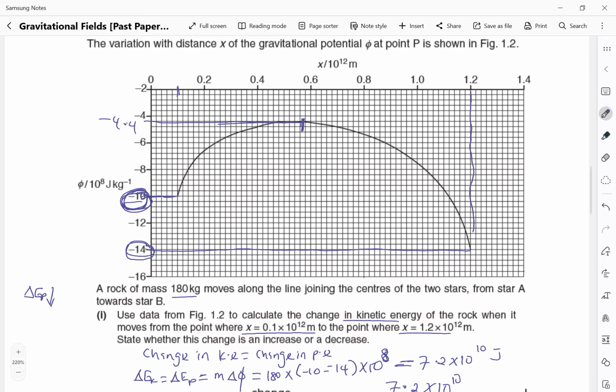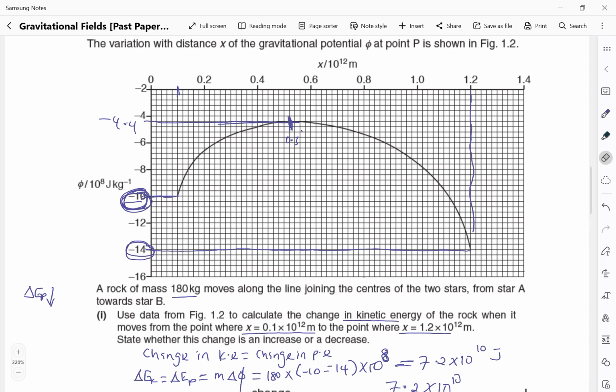So the initial change in potential is an increase, which means the initial change in kinetic energy is actually a decrease. Potential energy increases from x equals 0.1 to around 0.5. I don't think it's 0.6. It's around here, the center, 0.5.